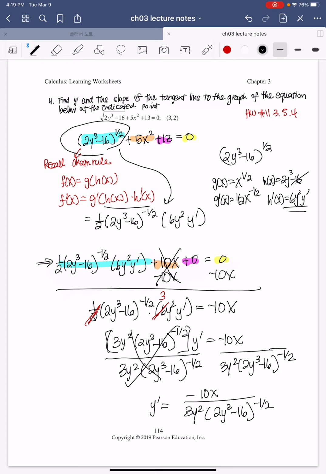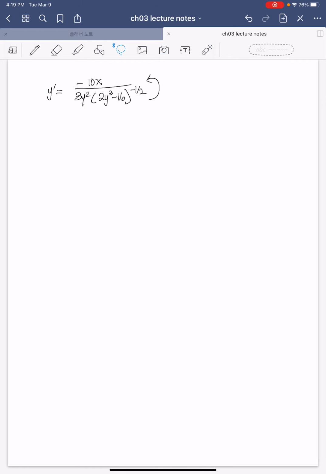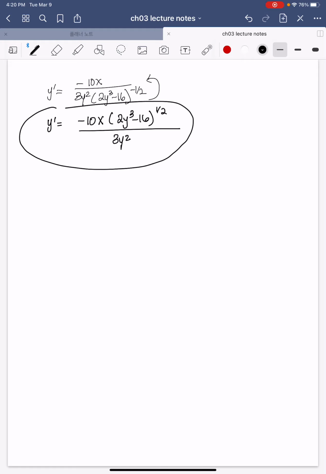But I don't like the negative half, so I can move it on top to make it a positive exponent. So y prime equals negative 10x (2y cubed minus 16) to the 1/2, all over 3y squared. And this will be my first derivative, found implicitly.